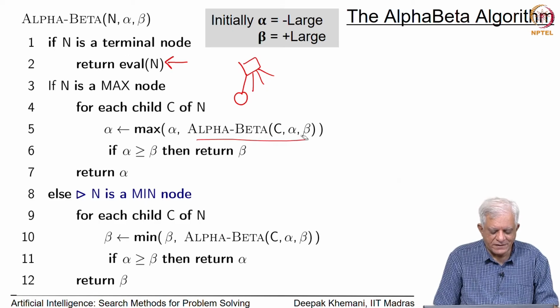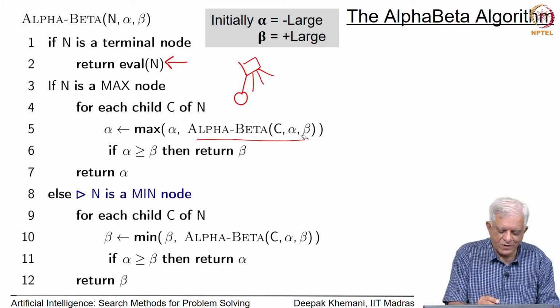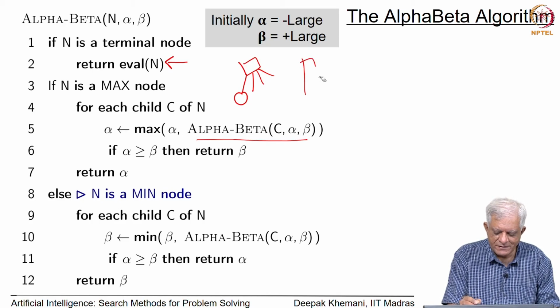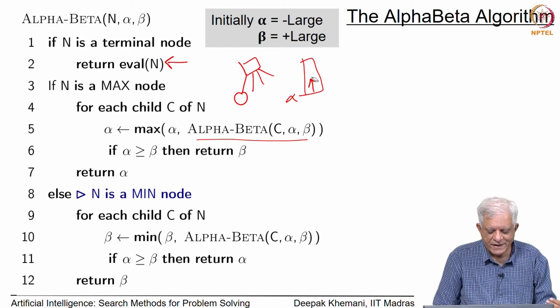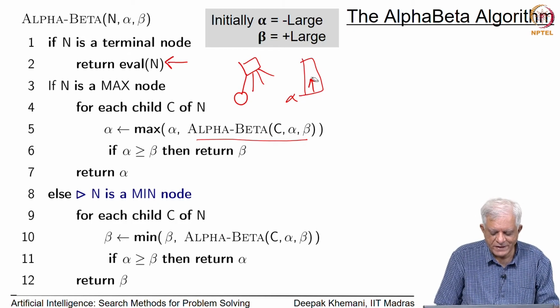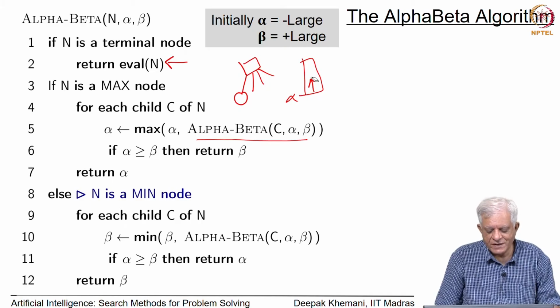and for each child the value that you want to compute is the maximum of what it had got earlier. Remember that this is the alpha value that you had got to start with when the call was made, and you are simply trying to see if you can get a better value than this. So, for each child we try to raise the value of alpha if we can find a better value.